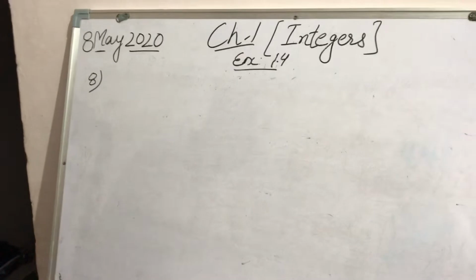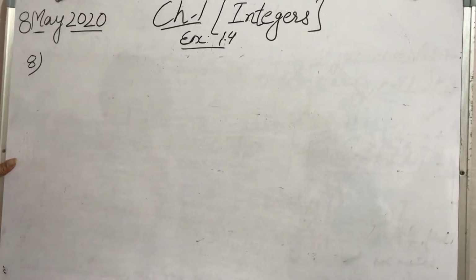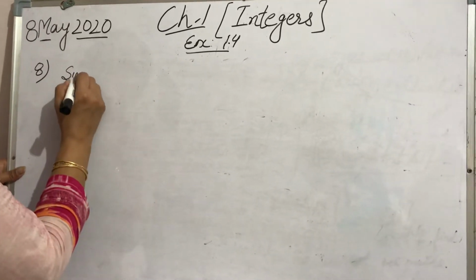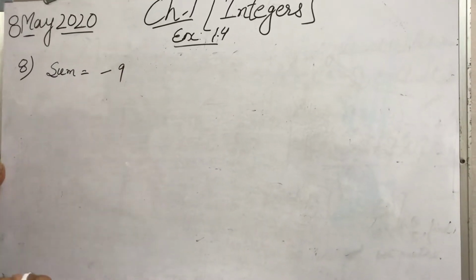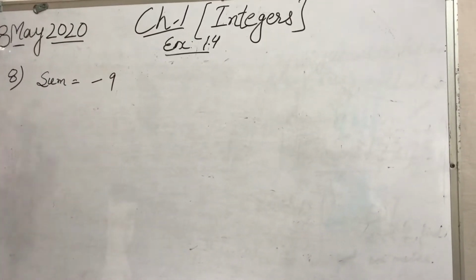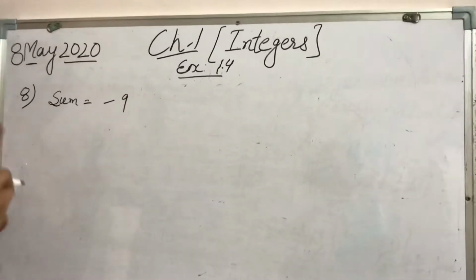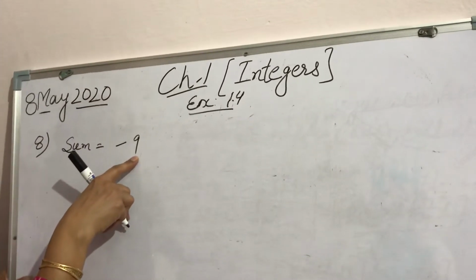Try to solve it. So question number 8: write down a pair of integers whose sum is minus 9. So very simple, we have to find two such integers. When we add the integers, the answer will be minus 9.